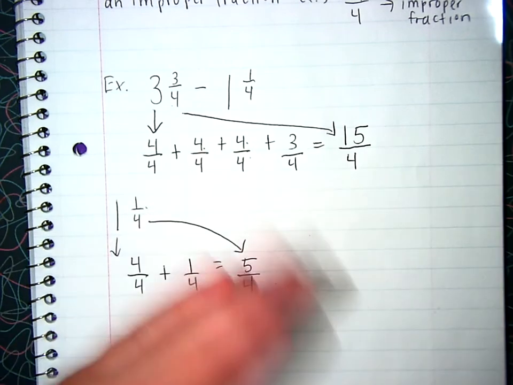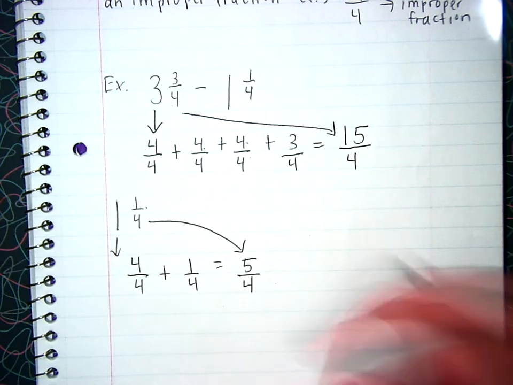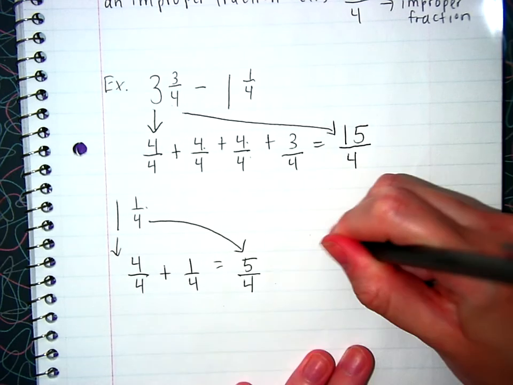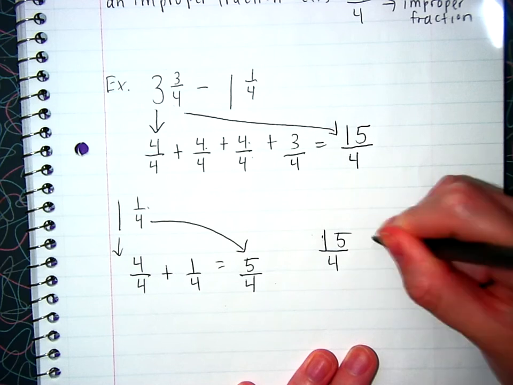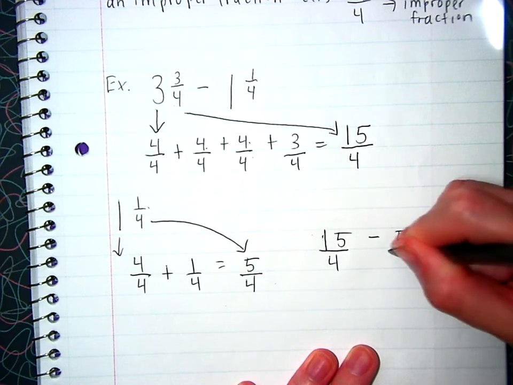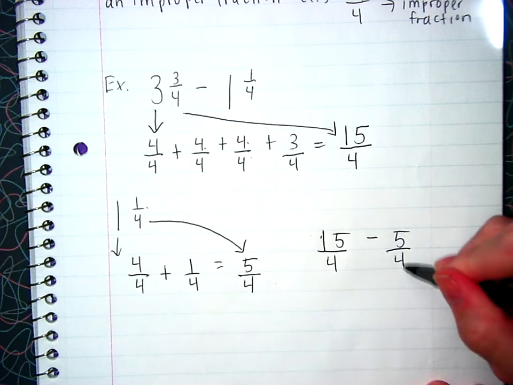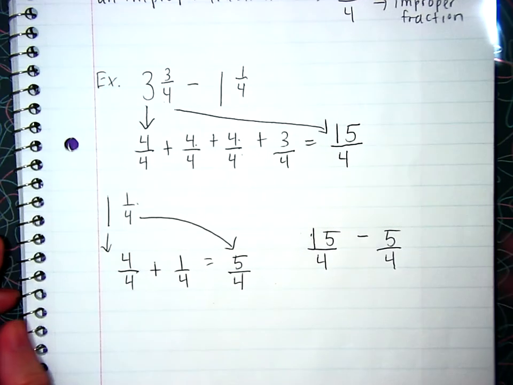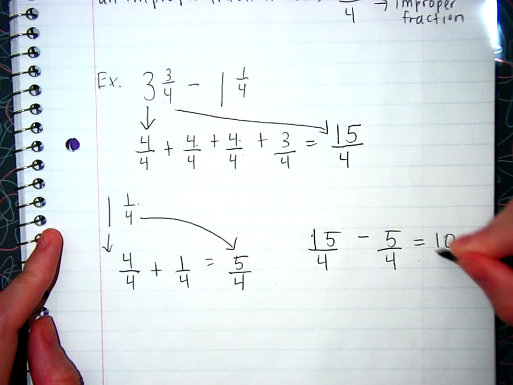So now that I've turned them both into improper fractions, now I can go ahead and subtract them. So let's do that here. So we have 15 over 4 minus 5 over 4. Well, when you go ahead and subtract, remember you keep the denominator the same. 15 minus 5 equals 10.